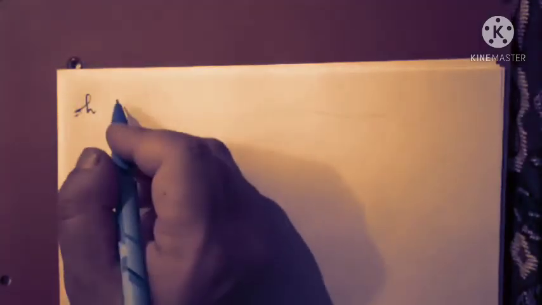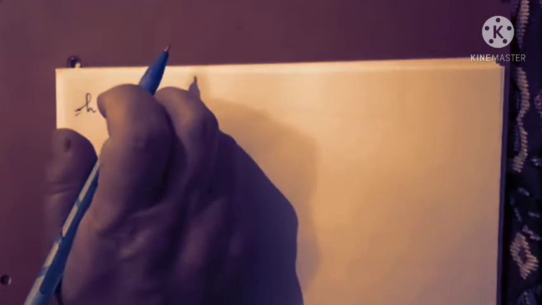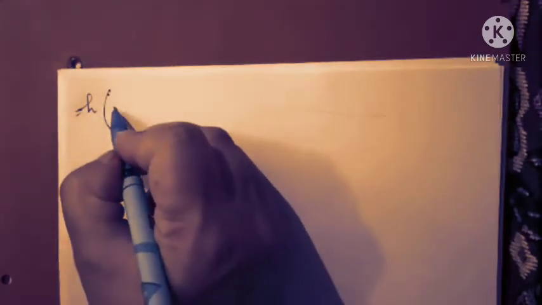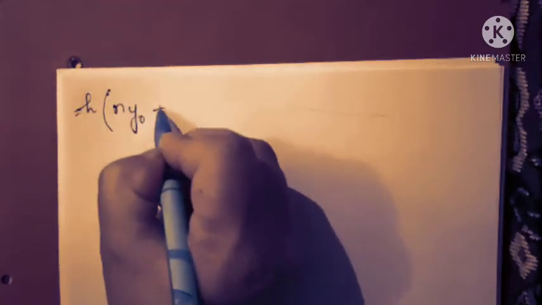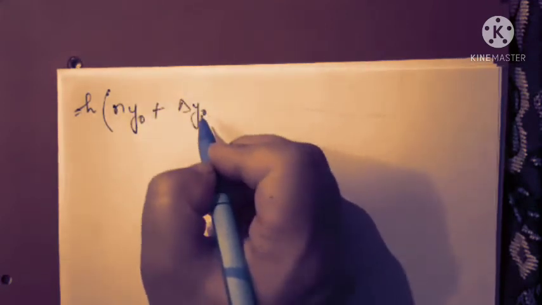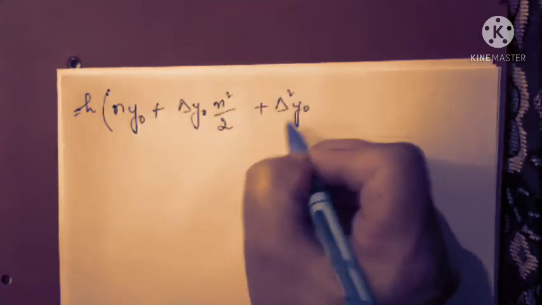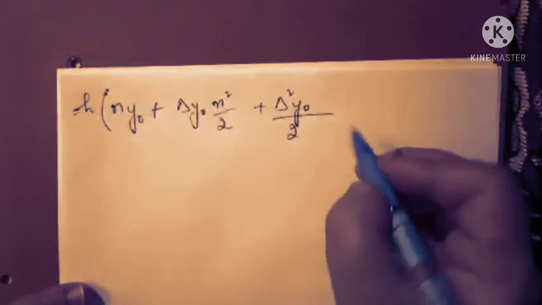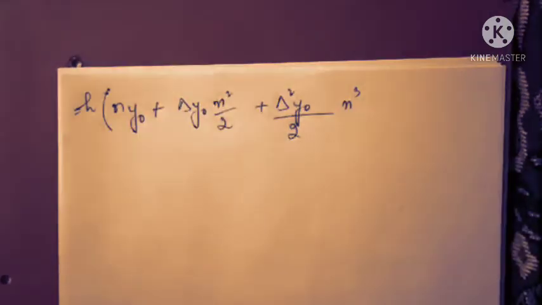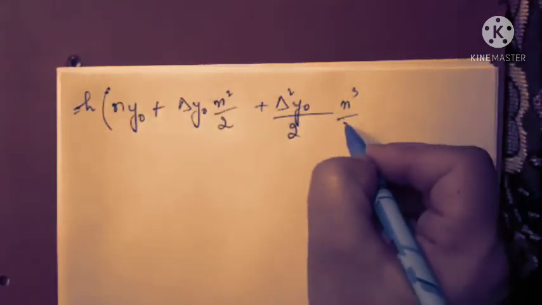So h will be equal to... if you resolve the limits as well, this is what we are going to get over here. It is like this: n times y0 plus, if you replace u with n, कोई फ़र्क नहीं पड़ेगा, just to generalize this, divided by 2 n cube divided by 3.